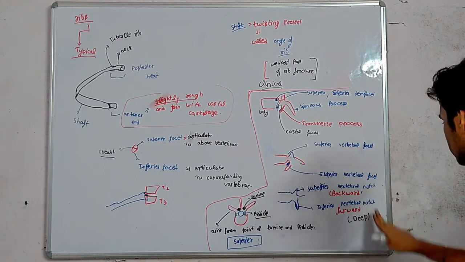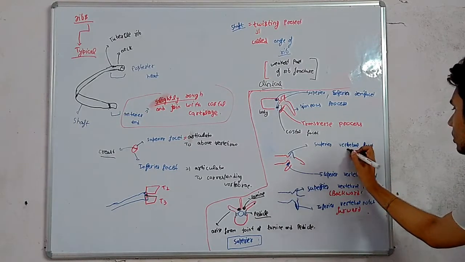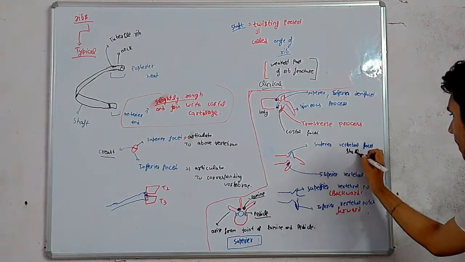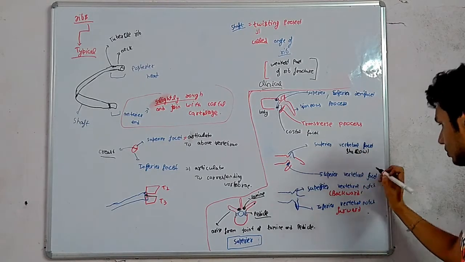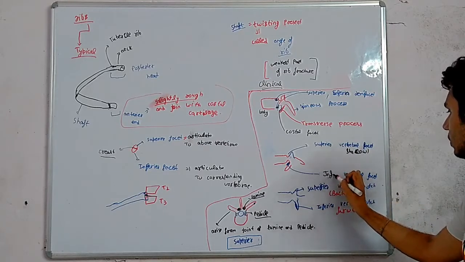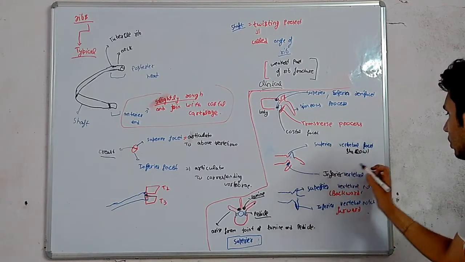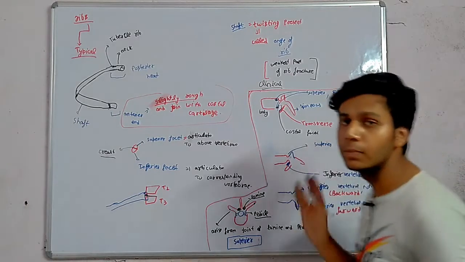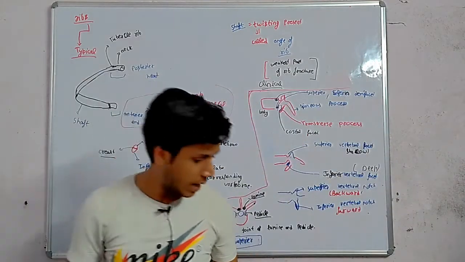This is deep. This is shallow. This is deep. Inferior: deep. The inferior vertebral notch is more deep than the superior vertebral notch. Important point.